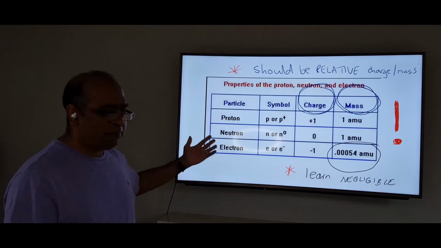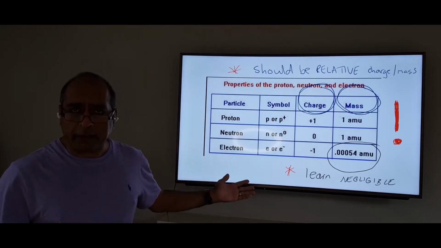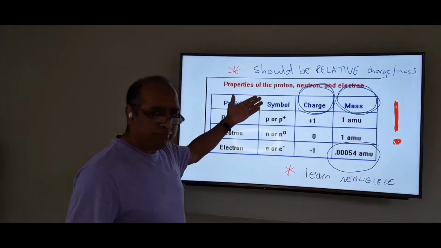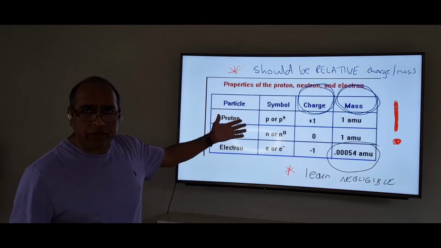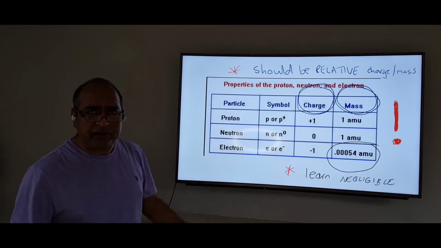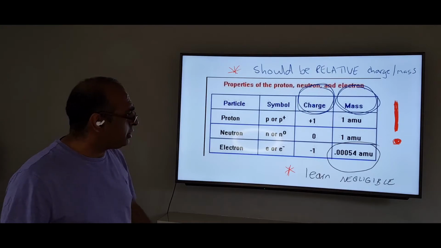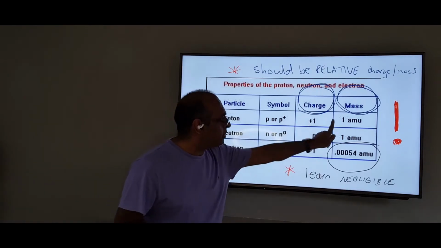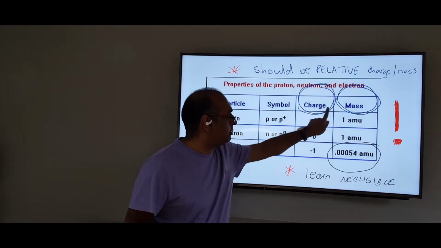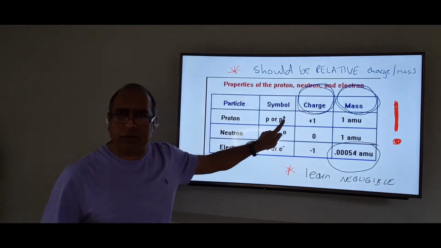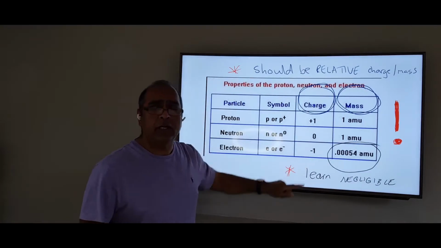So I've printed any old table, and I want to tell you that you should change it as follows. The first thing is the charges and masses are not charges and masses, they are relative. That should be relative charge.